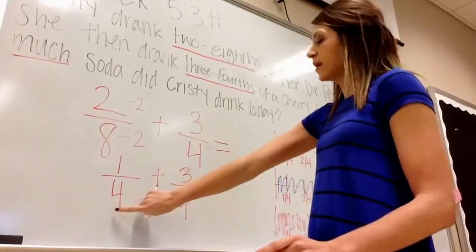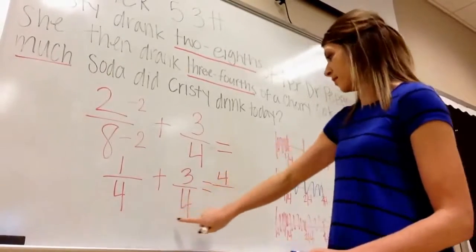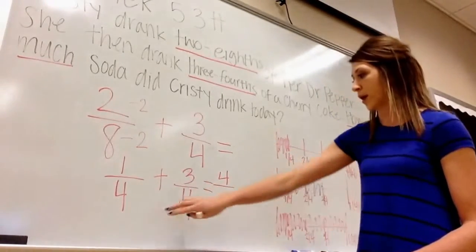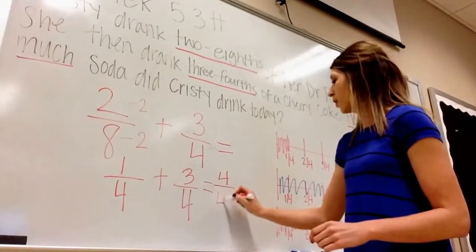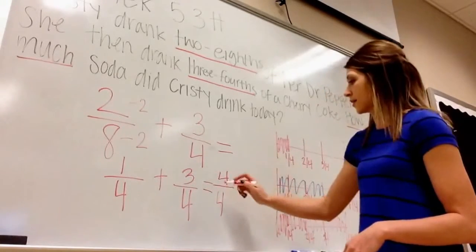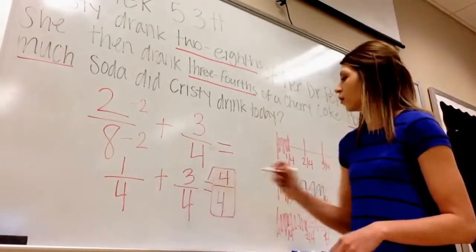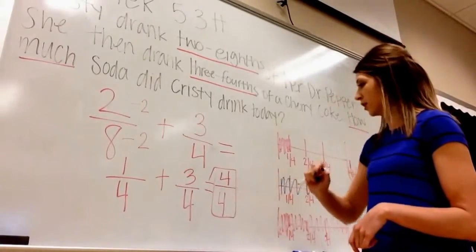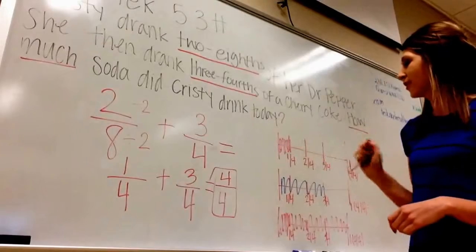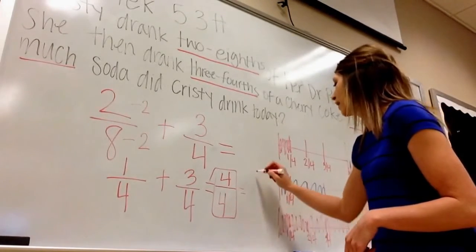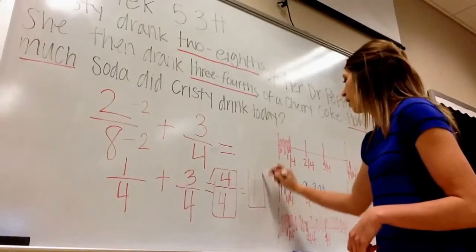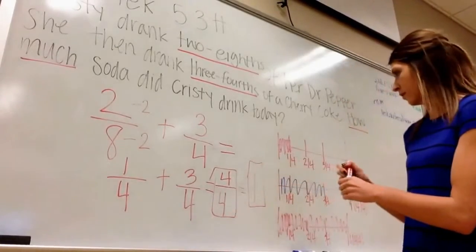And we know that when we are adding, we do not add our whole parts, or our denominators. So we would just carry that 4 over. Now let's look at this. Do you think we could simplify or reduce this fraction, 4/4? Correct, we can. And 4 divided by 4 is 1. So our answer is 1.